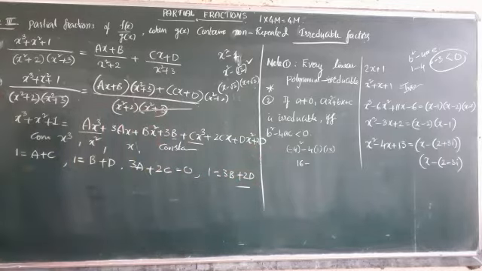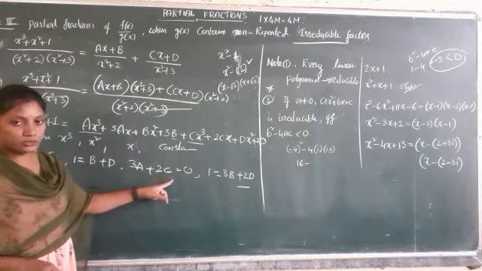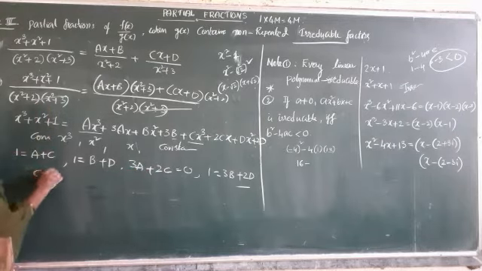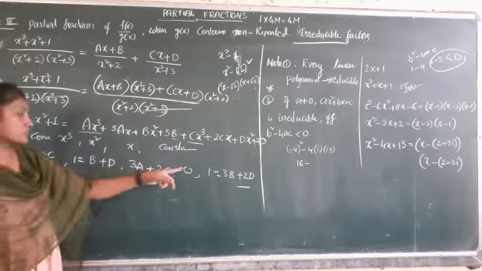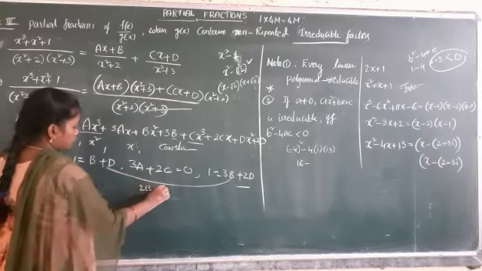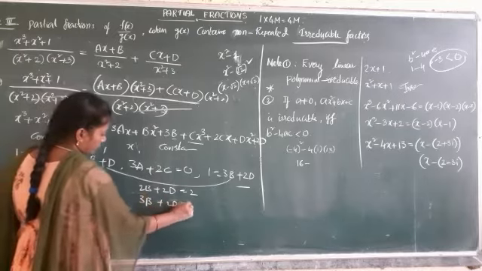That's it. If you solve these equations, here a is equal to minus c. If you substitute here, minus 3c plus 2c is equal to 0. That means c value is 0. c is equal to 0 means a is equal to 1. b plus d is equal to 1. By solving these two equations, I am multiplying the first with 2: 2b plus 2d is equal to 2, and 3b plus 2d is equal to 1.